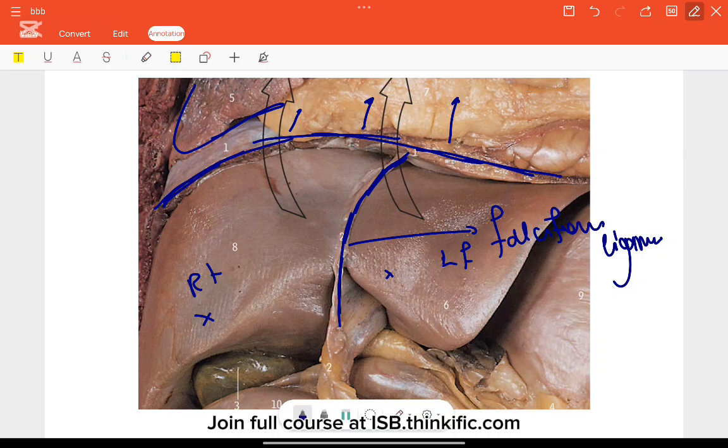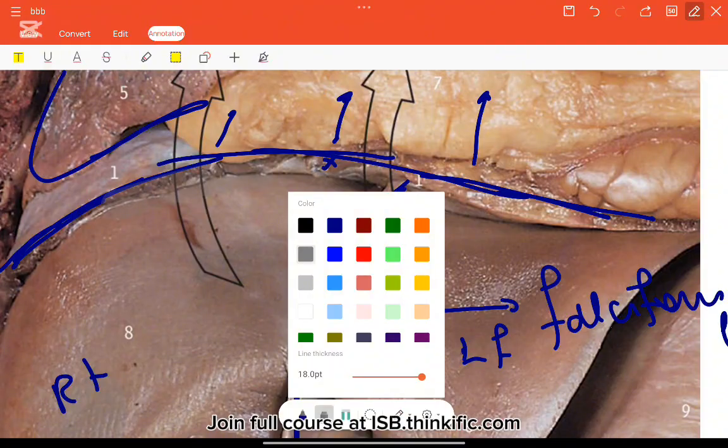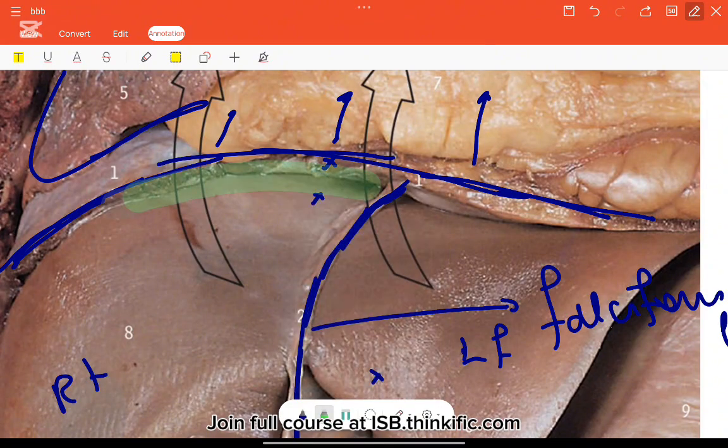Now, this falciform ligament forms a division, a partition in the subphrenic space. So the subphrenic space is over here, right? That's diaphragm. This is liver. And over here is the subphrenic space. I will highlight it for you. That's the subphrenic space. Now, the falciform ligament, you can stick a finger here. The subphrenic space is divided into right and left by the falciform ligament.